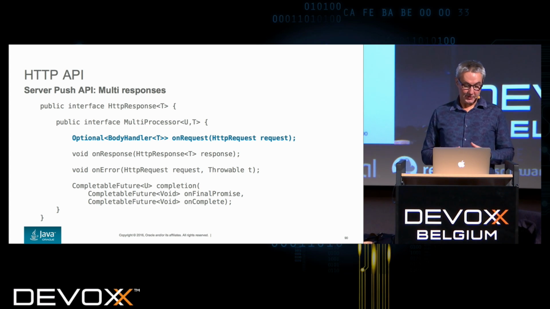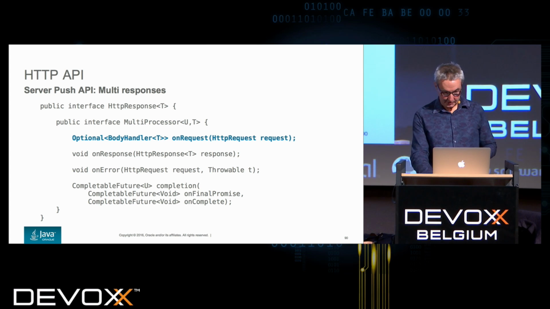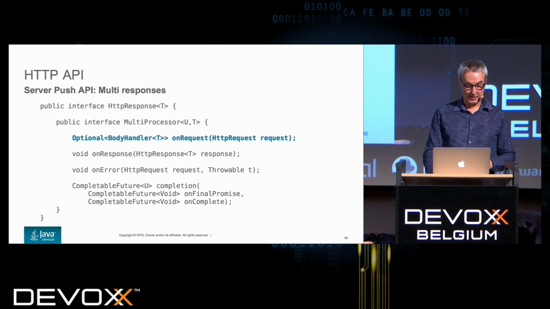So that gives the client the opportunity to accept or reject each individual push promise. And that's why the return type of that method is actually an optional body handler rather than a body handler. So if the optional is empty, that's telling the implementation, we don't want this server push, just throw it away.